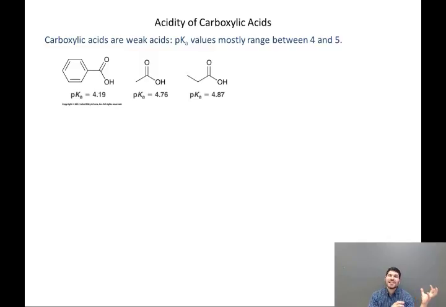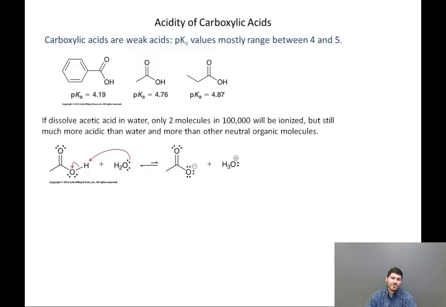Benzoic acid has a slightly lower pKa, which means it's a slightly stronger acid. So it's got a pKa of about 4.2. And then if you add alkyl groups to the carboxylic acid, so propionic acid, also known as propanoic acid, your pKa goes up a little bit to 4.87.